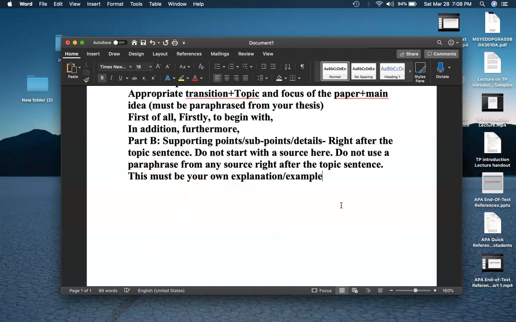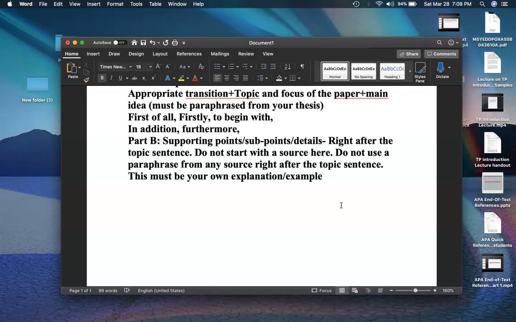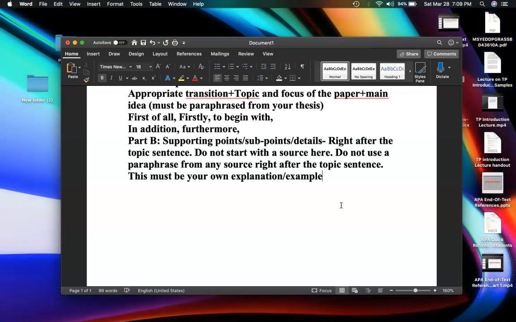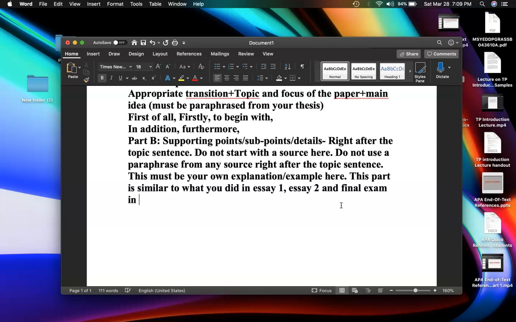You might be reading to get ideas, get information, and then writing in your own way. That's different. You're not using a source here. No citation, no sources, right after the topic sentence. This part is similar to what you did in essay 1, essay 2, and final exam in post 1.